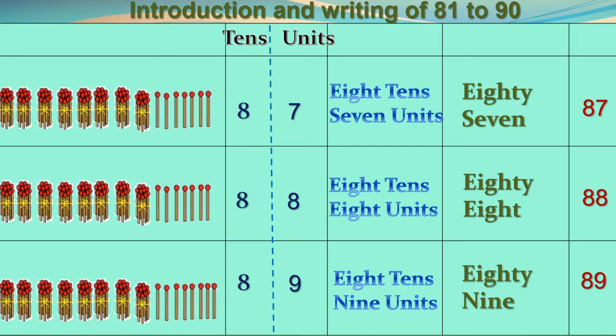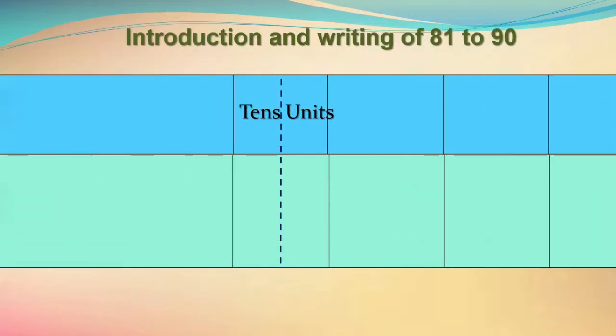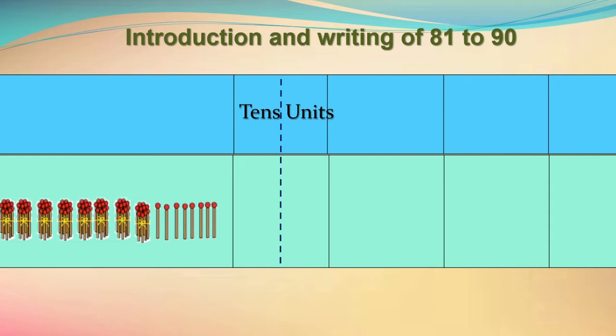Now we are going to add one more matchstick to these 89 matchsticks. See here. Yes. Now we got 10 units. 10 single matchsticks. So what are they going to do? They are going to combine. They are going to join. They are going to make a bunch. Yes.